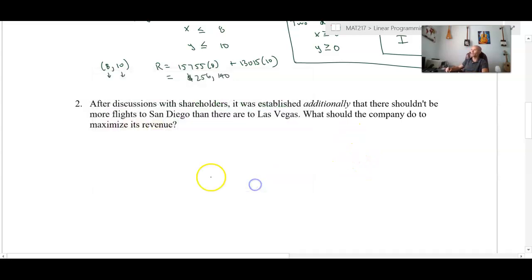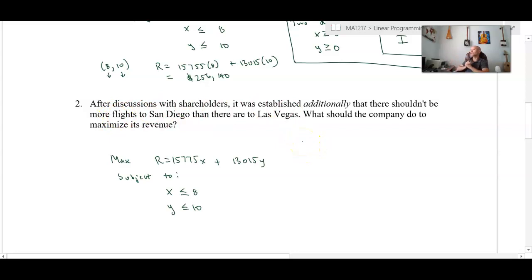Okay, so we're building upon this. So we still want to maximize revenue equals 15,775x plus 13,015y, subject to our same constraints so far. x still has to be less than or equal to 8. y still has to be less than or equal to 10, but also we're saying that there shouldn't be more flights to San Diego than there are to Las Vegas.